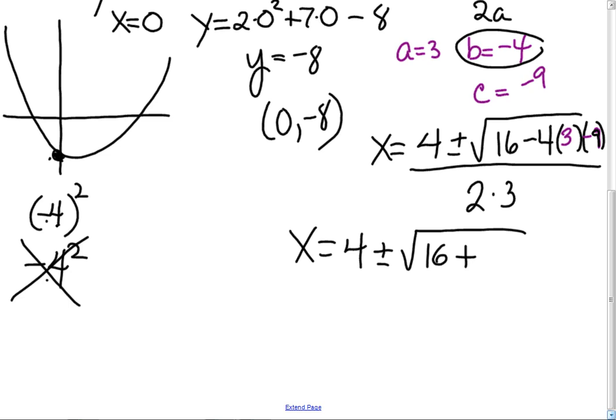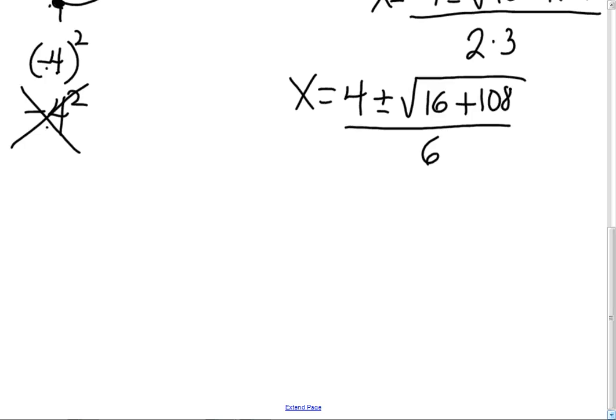It multiplies out. 4 times 3 times 9. 108. All over 6. Be thankful that we don't truly take this down to simplest form. So it's not solving, we're evaluating. What is 16 plus 108?